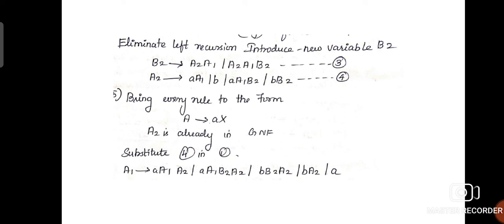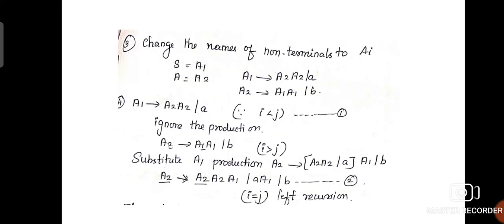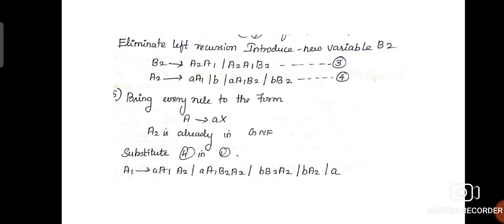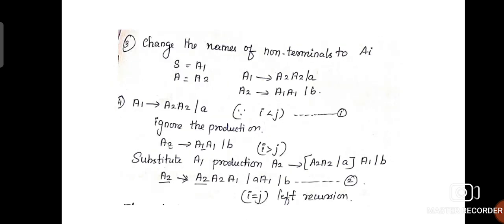B2 will be derived from A2. The productions other than the first production present on the right hand side of the A2 production will be taken for B2. So B2 will have the productions A, A1, B.